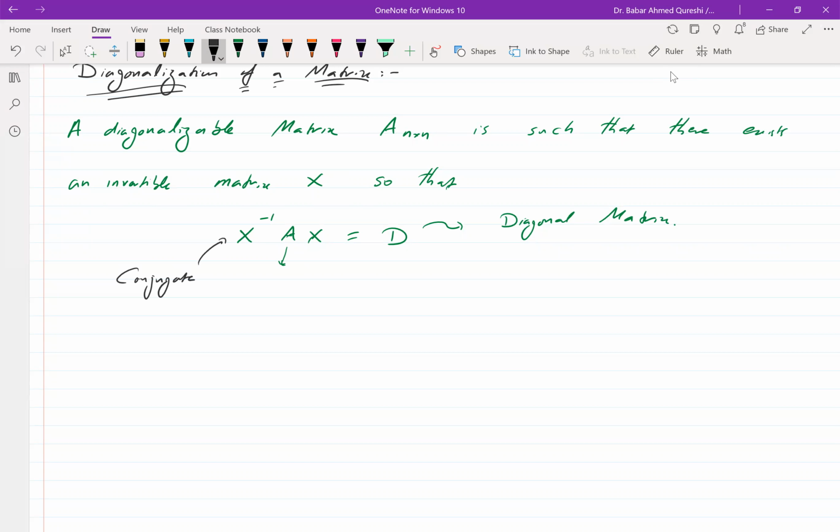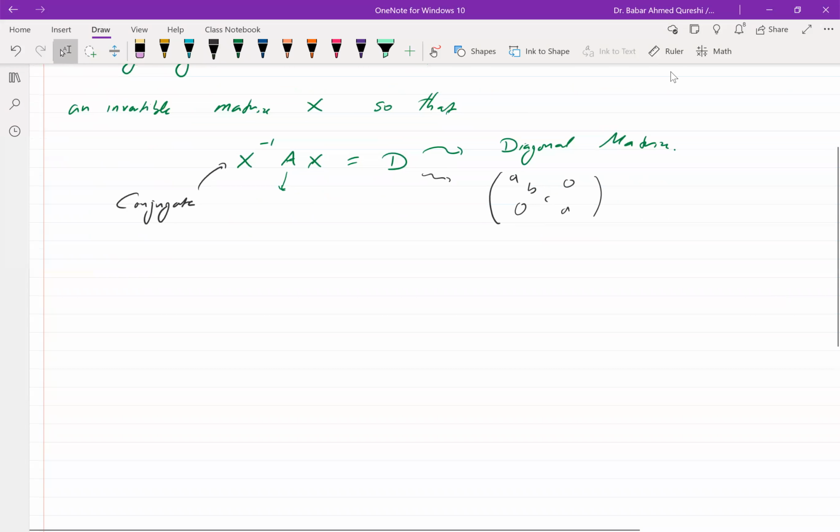From one side you multiply with an X inverse, and on the other side you multiply by X, and as a result, the resultant matrix you get is a diagonal matrix. That means it has entries only on the diagonal and everything else is zero. So this is an extremely useful idea. First of all, before we prove it, let's see how it can be used.